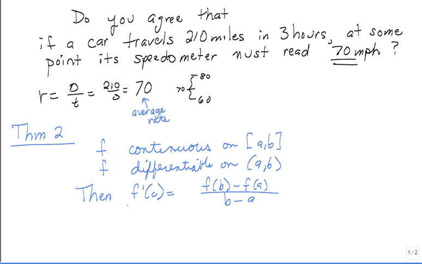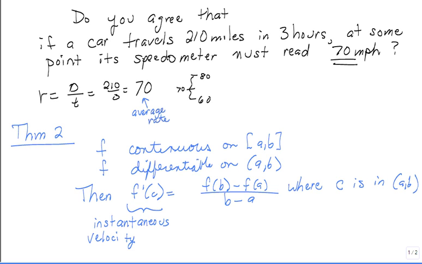So this is saying the instantaneous velocity at some point between A and B has to equal the average velocity, which we saw up above.